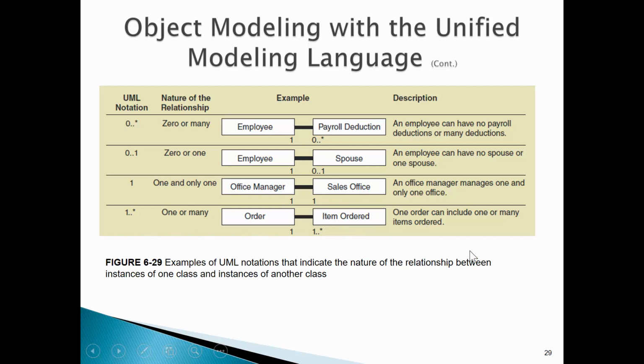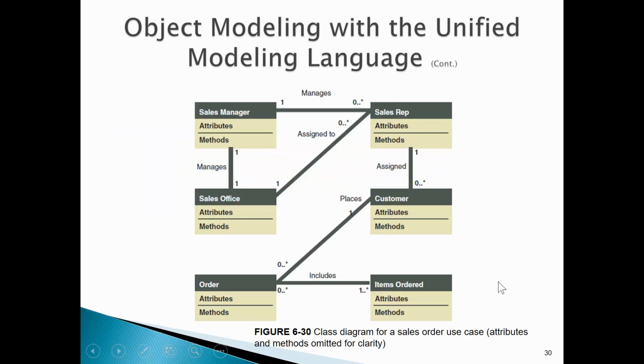Okay, so that's one way of representing that cardinality, that relationship between. So an employee, okay, can have many payroll deductions, not just one. Okay, 0 to 1, an employee, okay, can have no spouses or one spouse, for example. So you get the idea. You could figure out the other two.